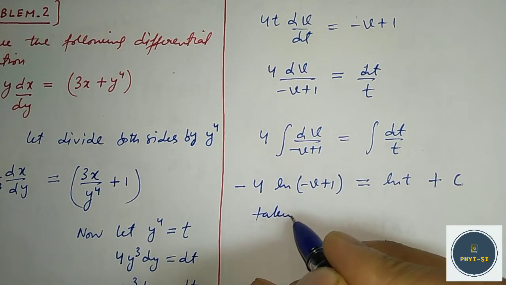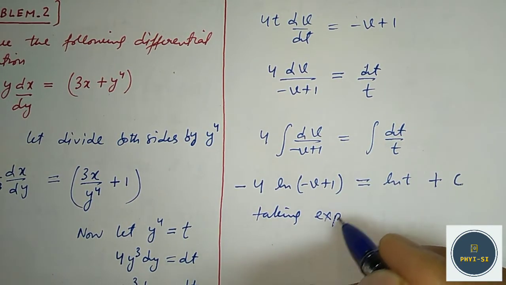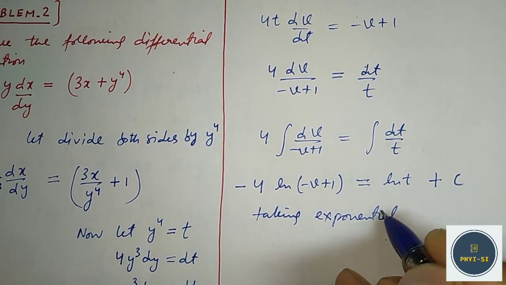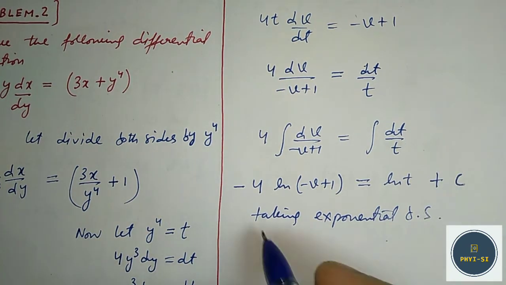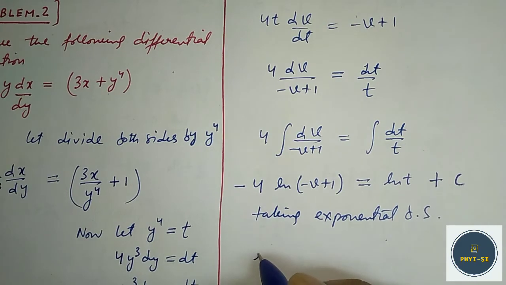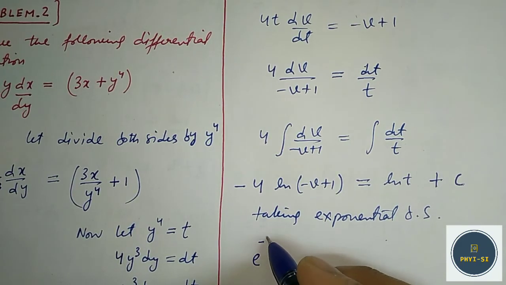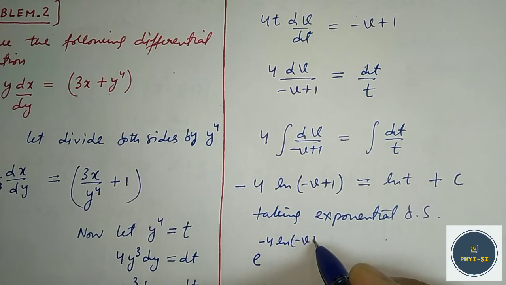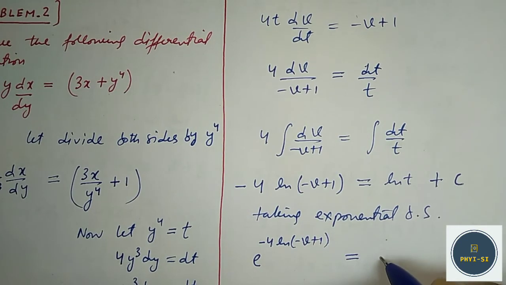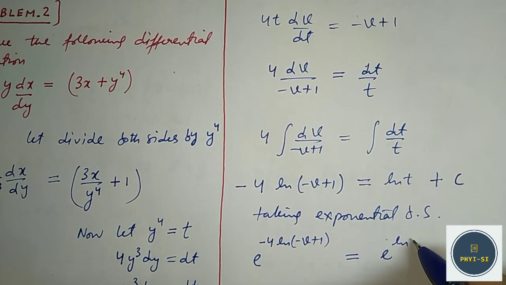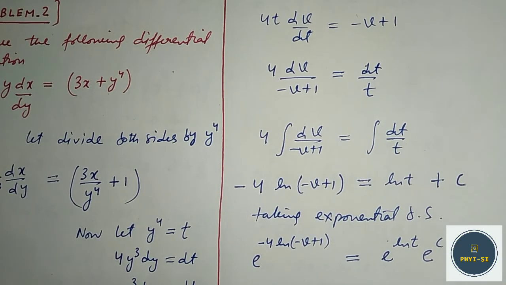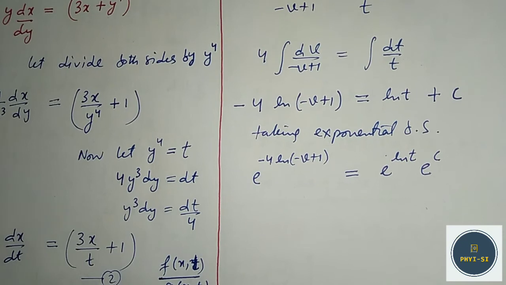Taking exponential on both sides, we'll have e raised to power minus 4 log of minus v plus 1 is equal to e raised to power log t and e raised to power c. Because bases are the same, powers are added.